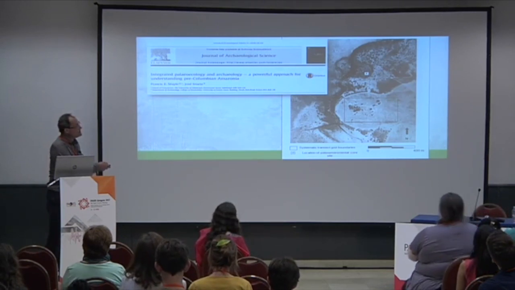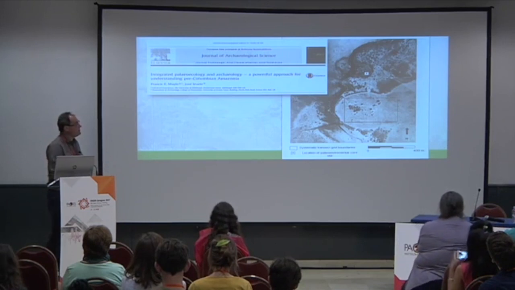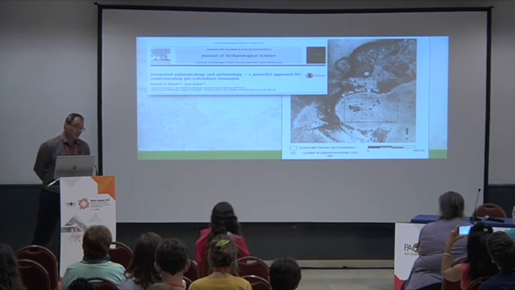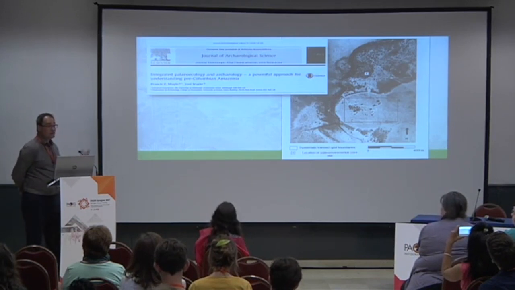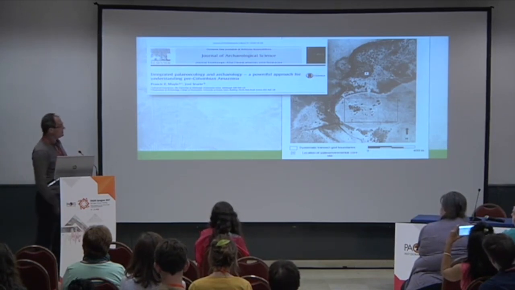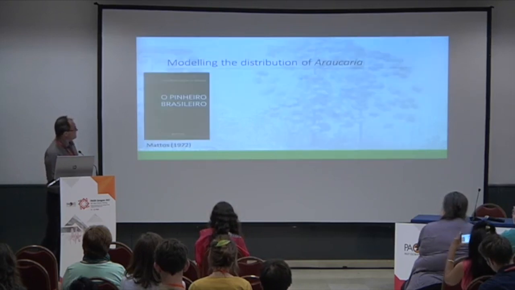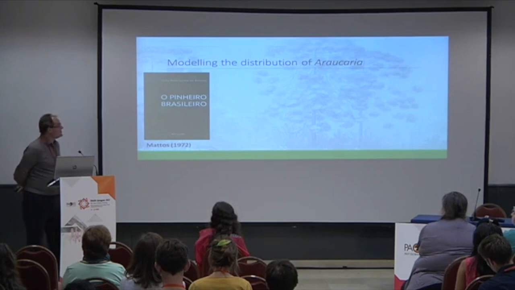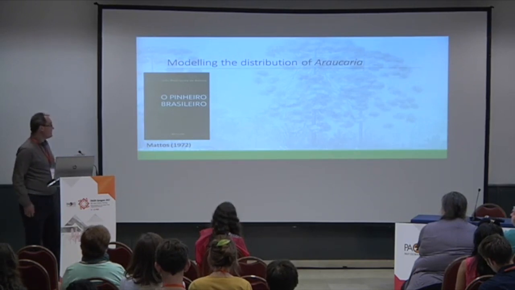Here we have a circular village, and here we have the pit bog. And this is something that we are doing with Francis Mail now for almost 10 years in Amazonia, combining archaeology with paleoecology.